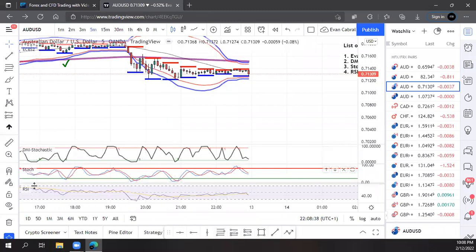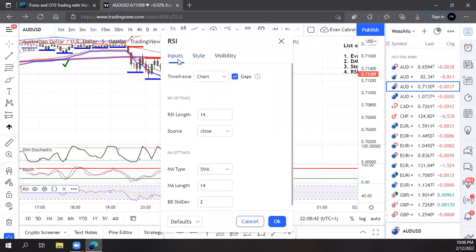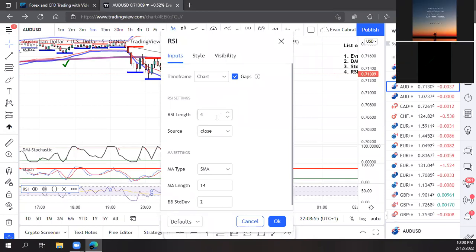So for the RSI, what we are going to be setting is the input. Once you come to input, RSI length, you're just going to change it to 4. RSI length as 4. That's the only thing you're changing.